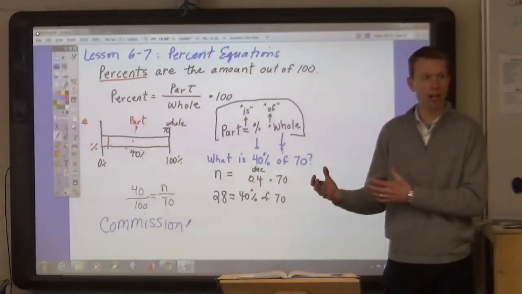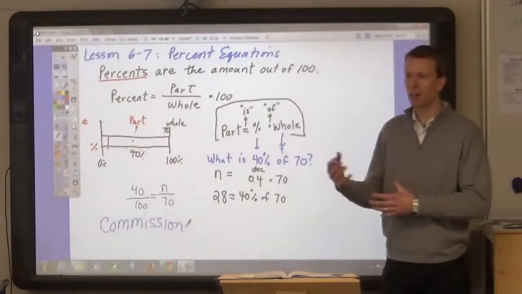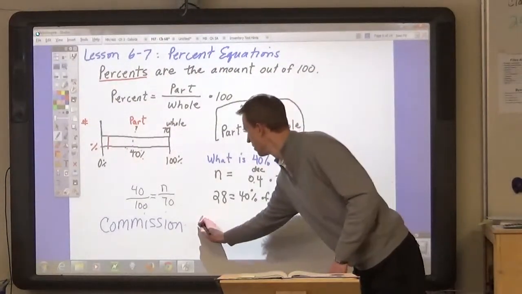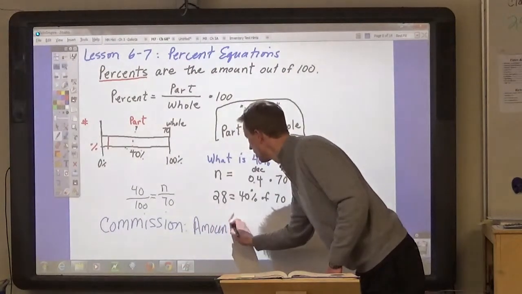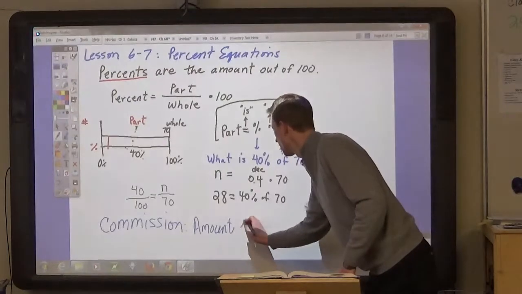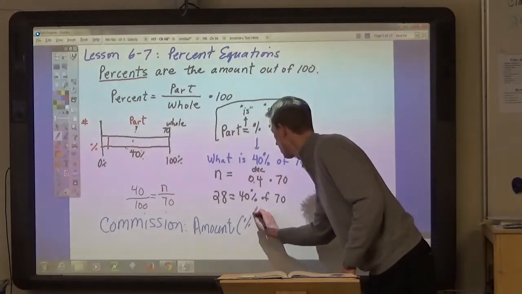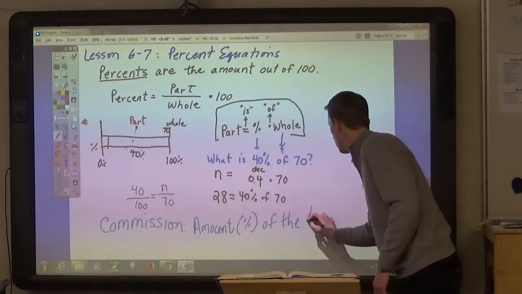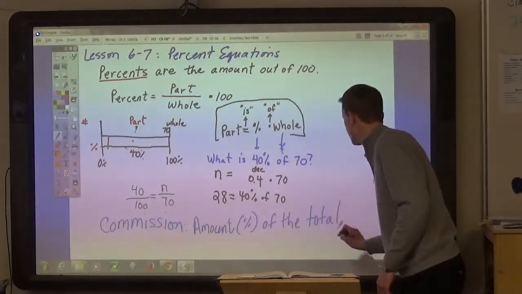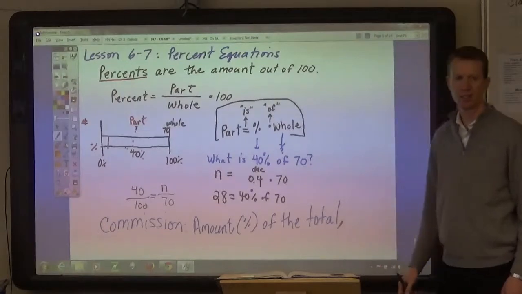It's kind of like bonus money. It's an amount that people make based on the total. Of the total. So it's kind of like a percent.